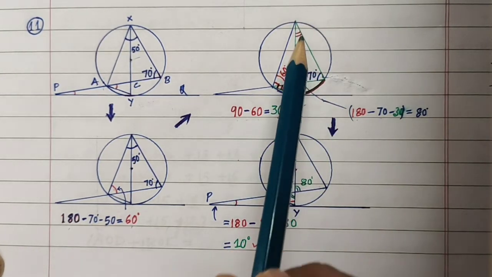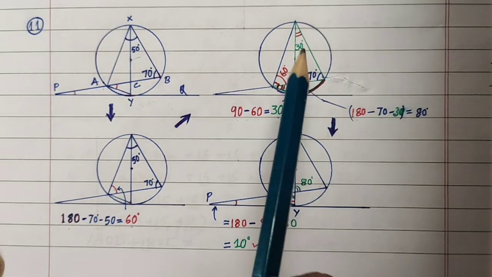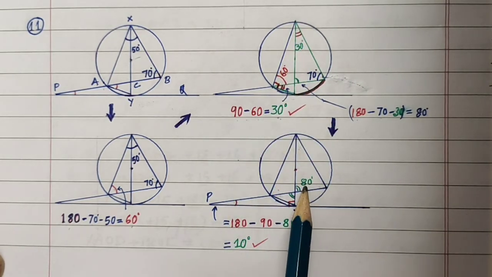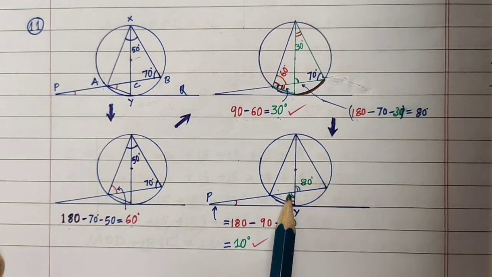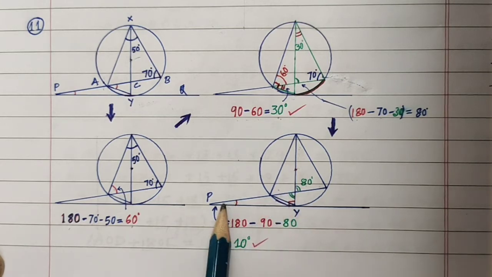These are the two angles in the same segment, therefore this is equal to this. Once we found out this, these are vertically opposite angles and this is 90 degrees because it is a tangent to the diameter. Once we know these two, it is very easy to find out this. Once you understand the problems, the rest will become easy. If you don't understand, everything will look very difficult.